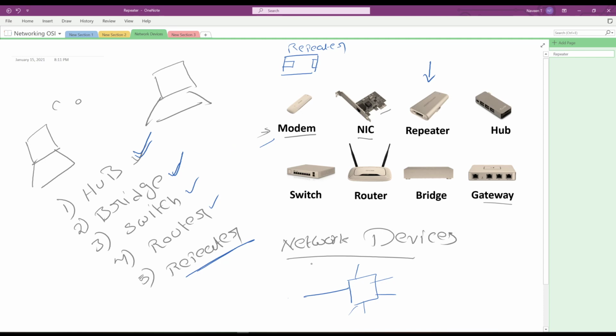One example you might know is a USB hub. Have you used a USB hub?